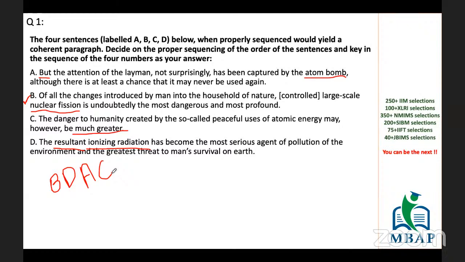Okay, I hope you guys understood this particular paragraph jumble, how you need to come up with the hints and how simply picking a few words can give you the right answer. You cannot keep working on entire sentences, and you cannot work on every single combination which is possible out of these four statements. All you need to do is pick up the hints.